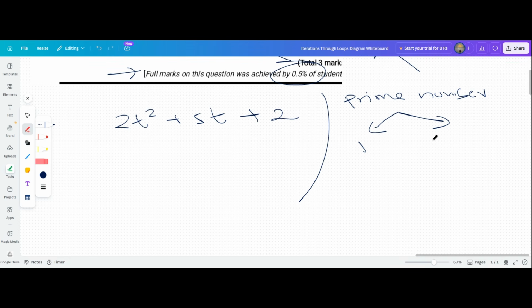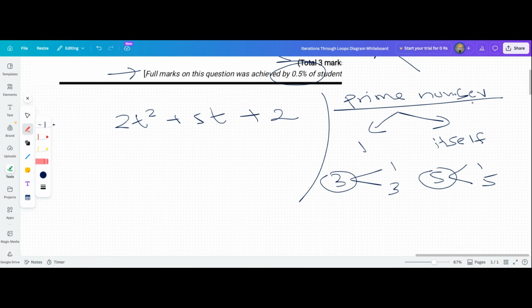The other factor would be itself. For example, 3 is a prime number, and the factors of 3 are 1 and 3. 5 is a prime number, and the factors of 5 are 1 and 5. So it has only two factors, one is 1, the other one is itself. This is the definition of a prime number.